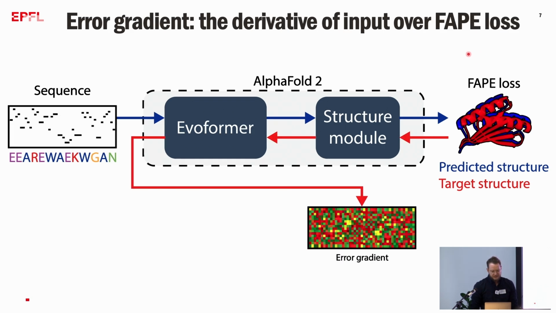Then we calculate the derivative of the input over the FAPE loss, and this gives us an error gradient. Again, this is 20 by the length of the protein, so it tells us which amino acids to change and what to change them into to come closer to our target structure.